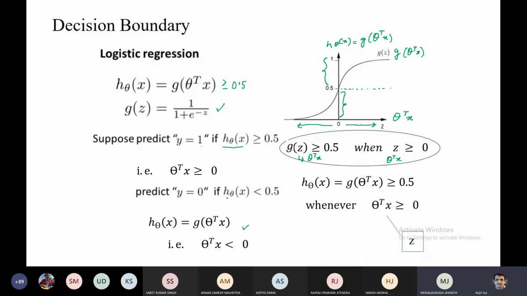If it is less than this, it is on the other side.